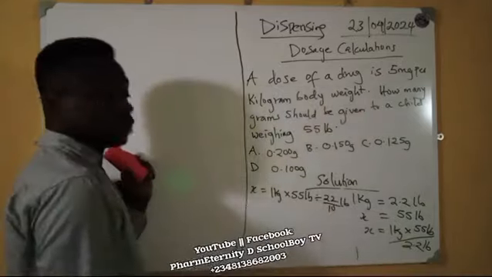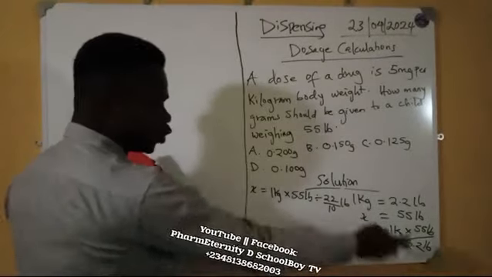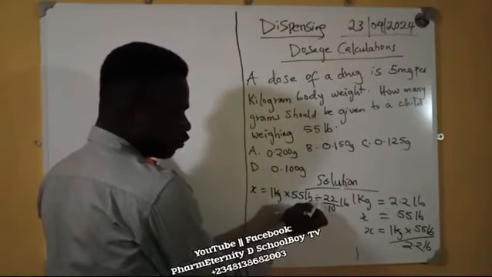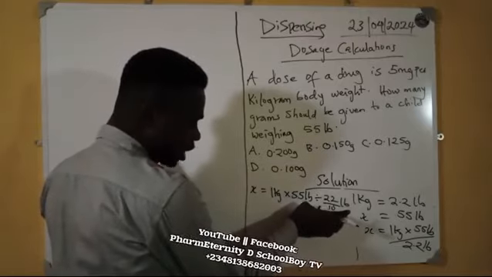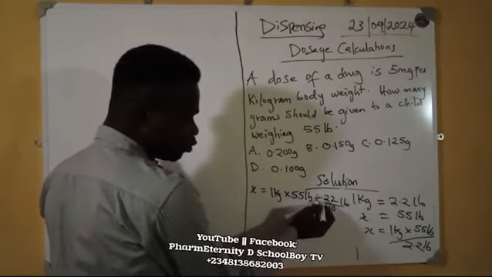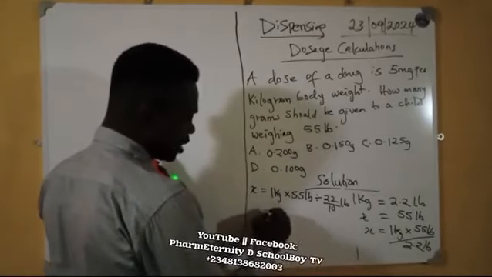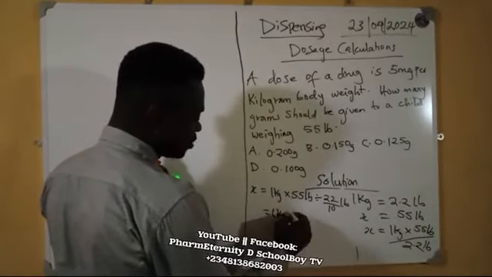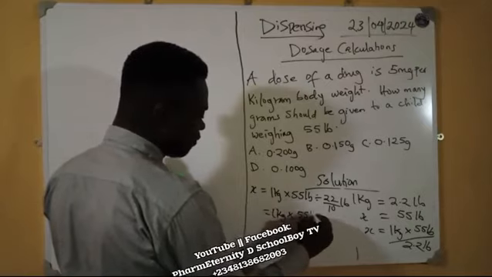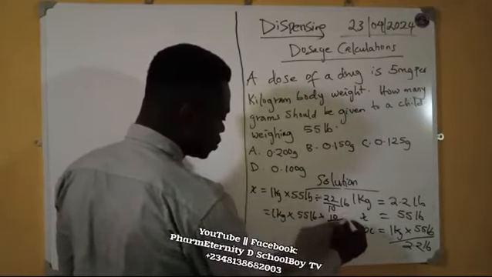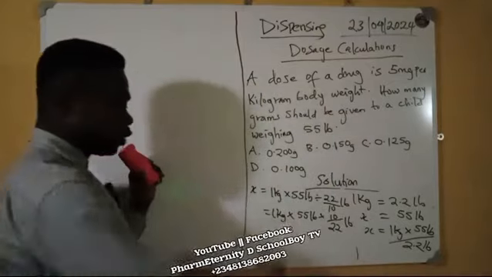That's the meaning, because this is division by 22 over 10. For us to be able to work on this, the division will change to multiplication, and the 10 will come up. So we have 1 kilogram times 55 pounds times 10 over 22 pounds. So we can cancel out.